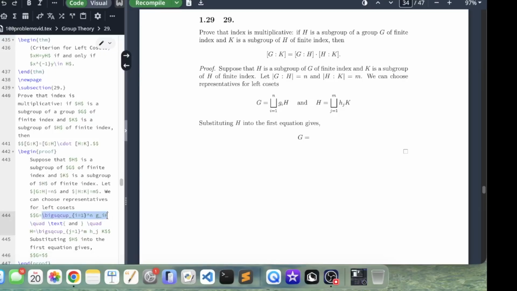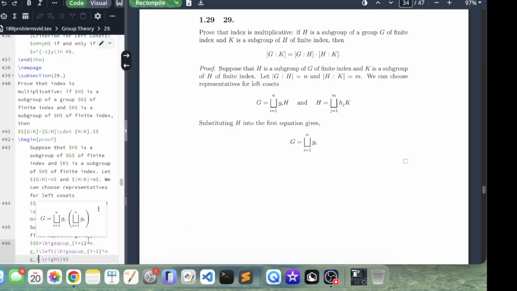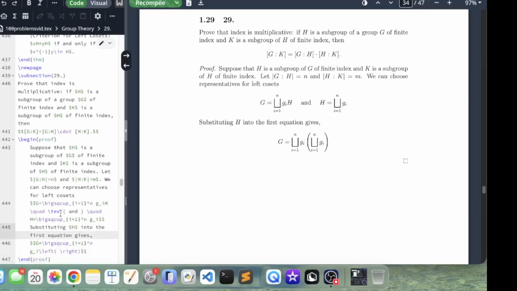Let's take this one, but instead of using H, we'll just use whatever H equals, which is this. Maybe we'll put it in parentheses like that, but I copied the wrong one. We want H.